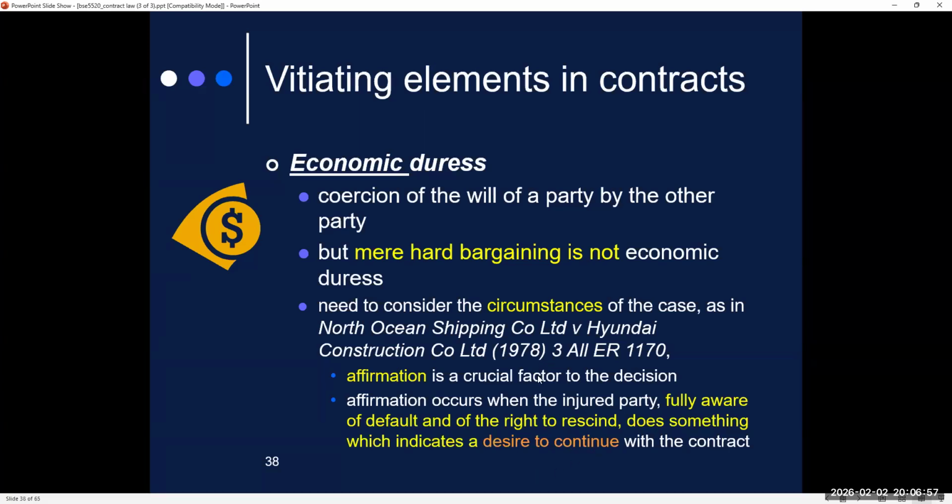In fact, during the bargaining process, either party has the choice to leave. They may just not enter into the contract. They have the right to rescind, right? But if they decide to keep negotiating and continue, that is the statement here, a desire to continue with the contract.